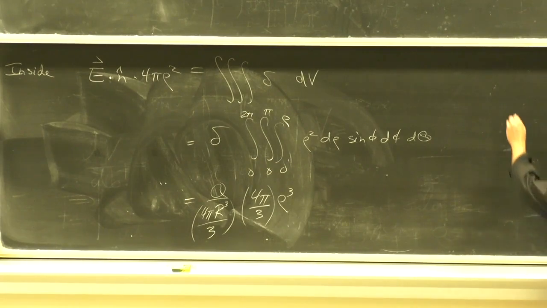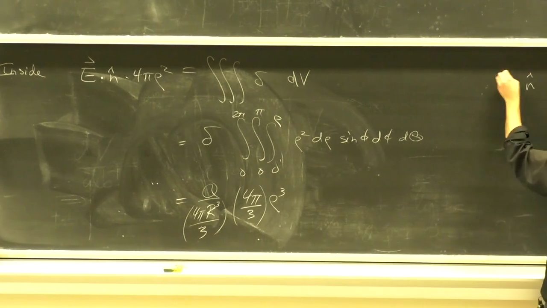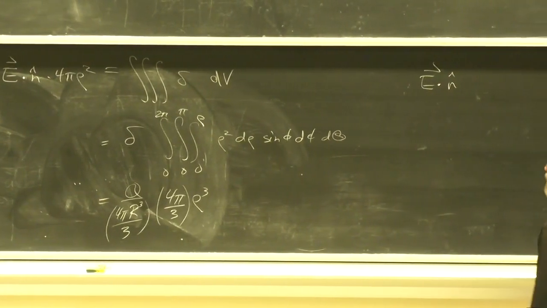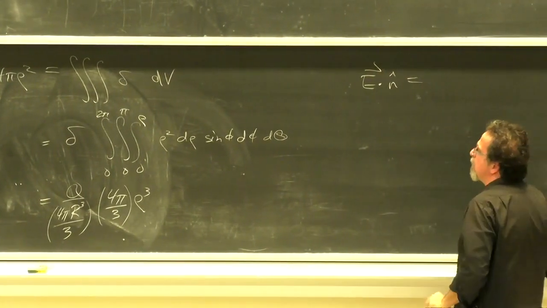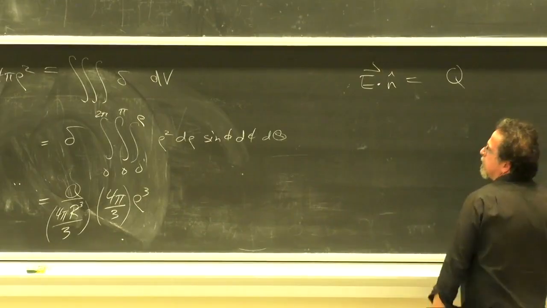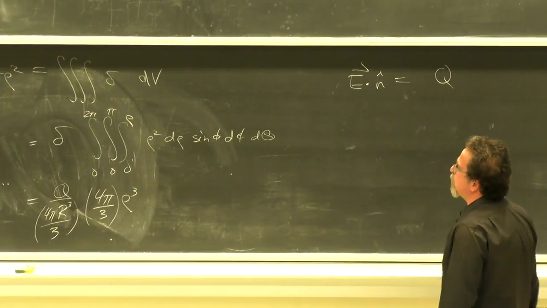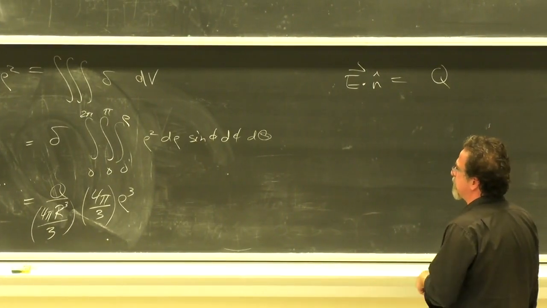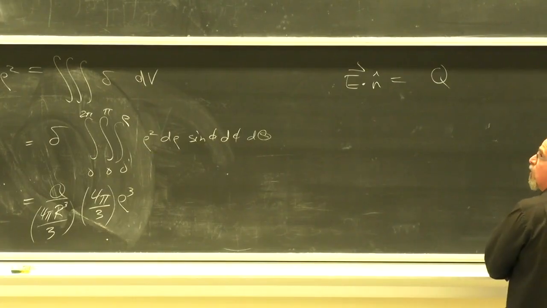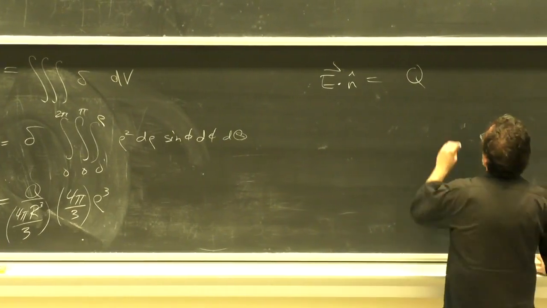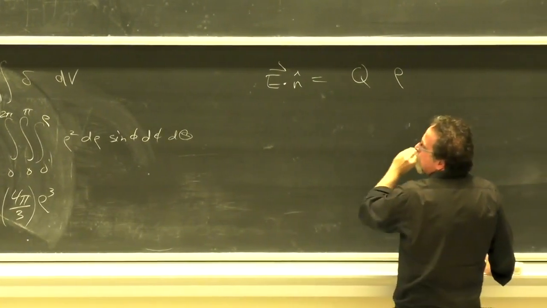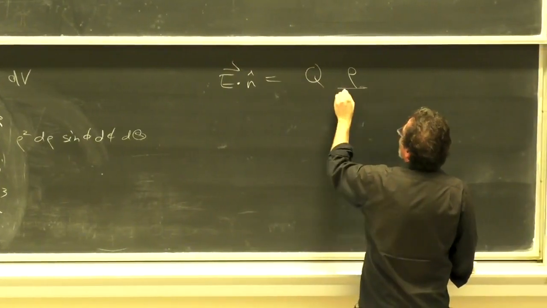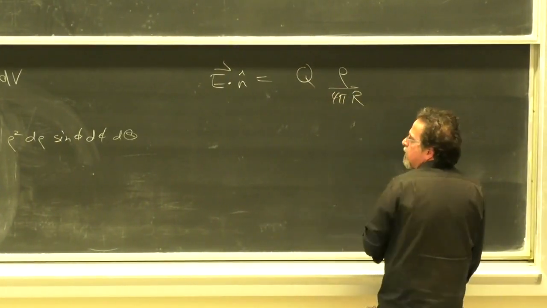And you're left with E dot n hat equal to, let's see what we get. We've got the Q again. We've got a 4 pi rho squared on the left-hand side, which we have to divide, so we lose 2 powers of rho on the right-hand side. So we're going to have rho over 4 pi r. Is that correct?